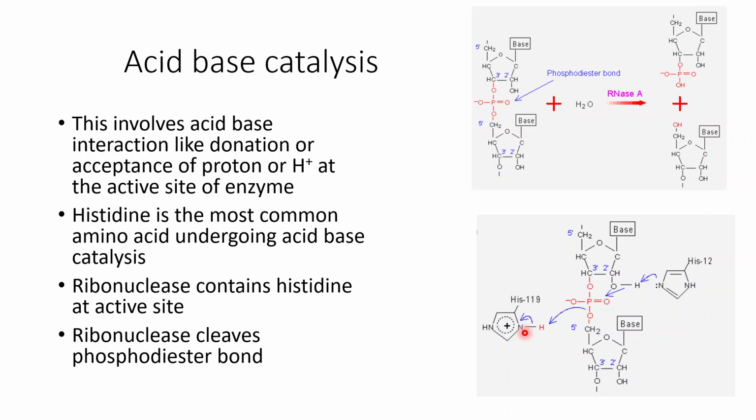So this is how ribonuclease acts, by accepting the H positive ions and causing hydrolysis of the phosphodiester bond with the help of water. So this is how ribonuclease cleaves the phosphodiester bond and how acid-base catalysis is explained.